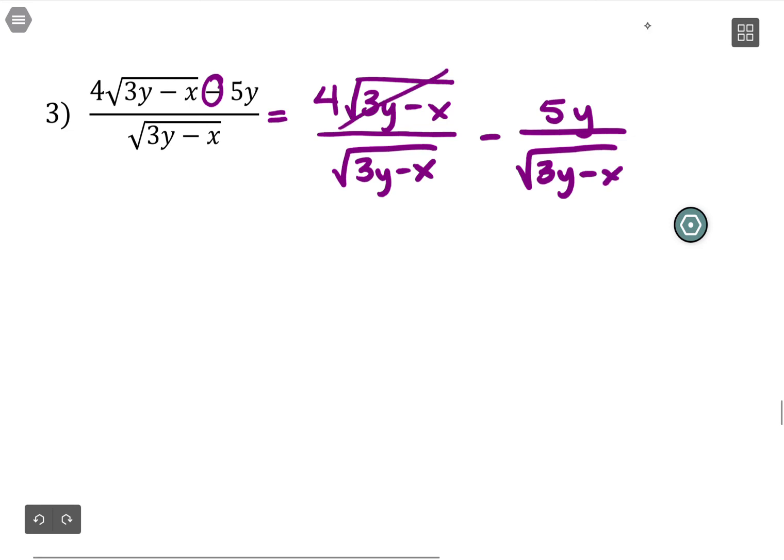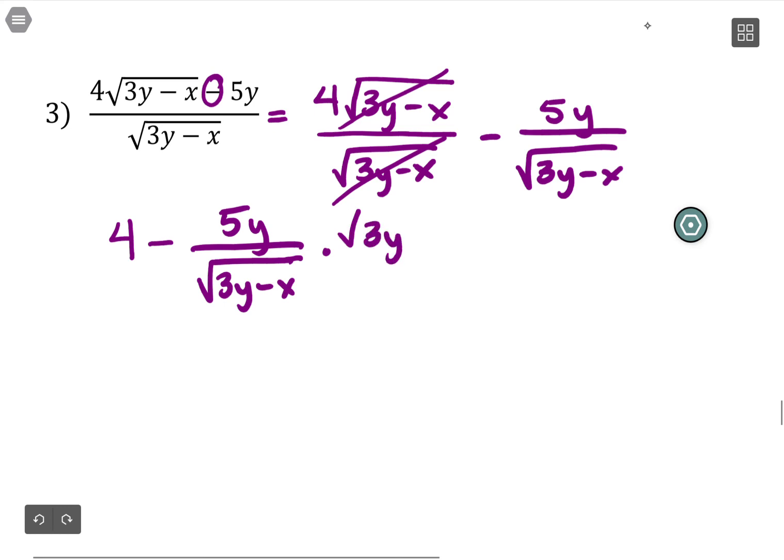And I can do a little bit of canceling. So I'm going to say I have 4 minus, and then I can't really cancel there. So really, I would be pretty happy with just like this. But we are practicing our rationalized denominator, so maybe in this one I'll go ahead and do that step. If in doubt, go ahead and rationalize.